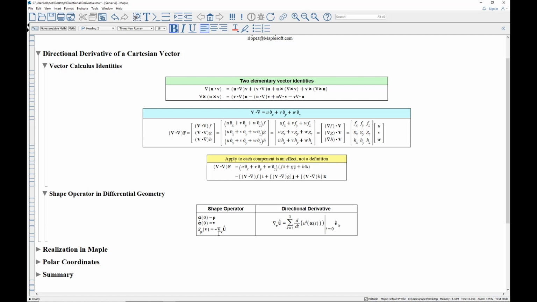And when you go to look to see what they mean by this derivative, you'll see things like this. It's the derivative of each component along the curve in the surface that has V as its tangent vector, and the derivative is taken of the component, and notice that the basis vector, the Cartesian basis vector, is sitting outside that derivative.